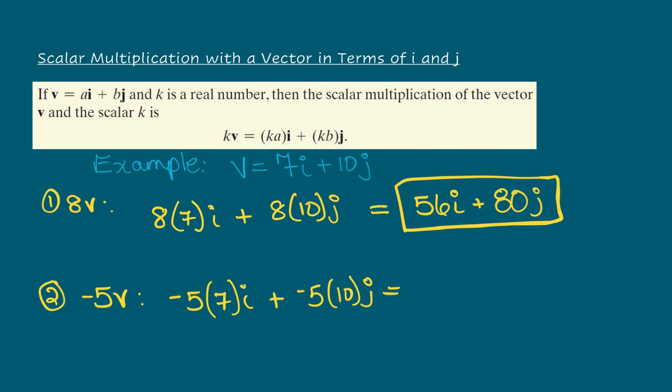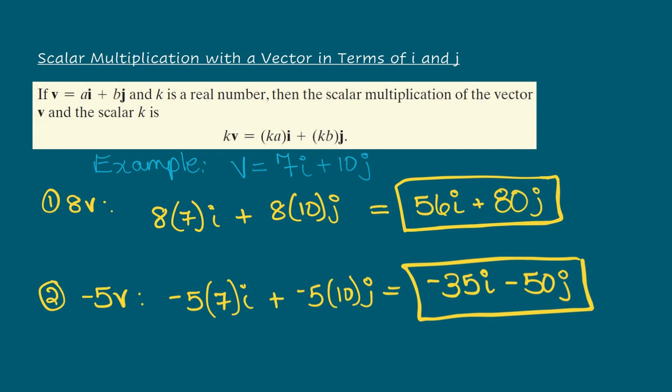And that's going to give me negative 35i minus 50j. So giving me a new vector. So addition and multiplication of the vectors that are in terms of i and j, certainly nothing too difficult.